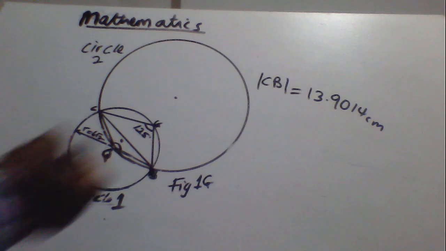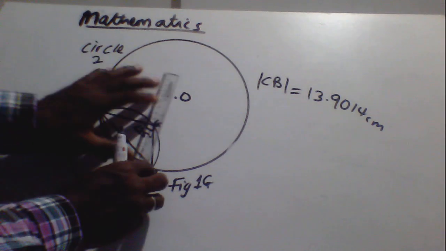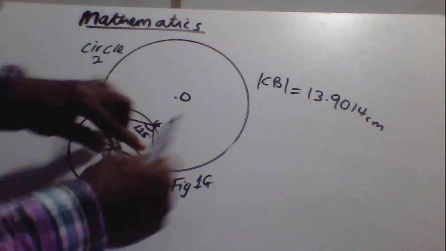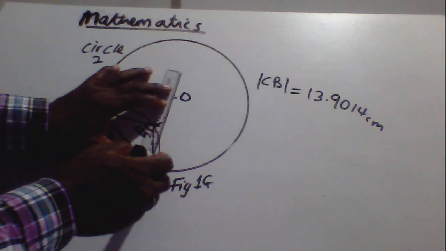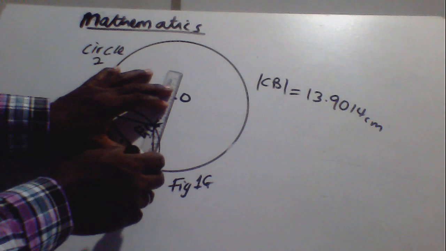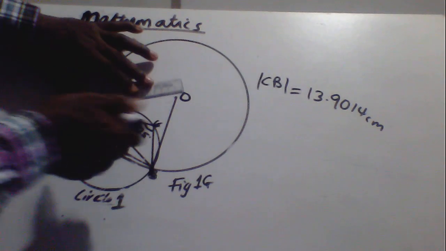Let's call the point here O, and then let's join BO. Use a ruler. Also, you join CO.